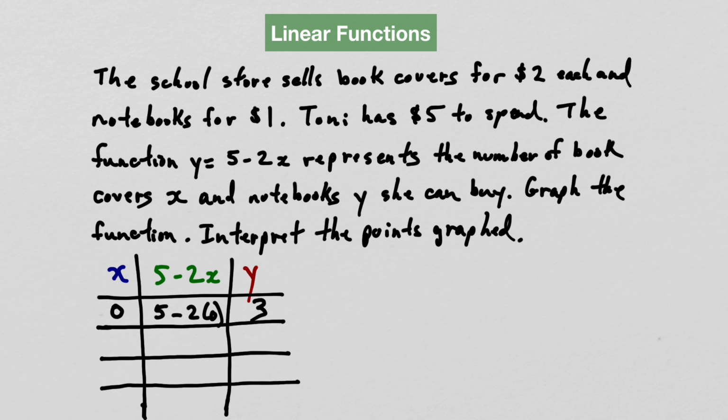Okay, 0 book covers allows us to buy 3 notebooks. 1 book cover allows us to buy 3 notebooks. Okay, and I calculated this wrong, the first one. Hopefully you guys caught that.